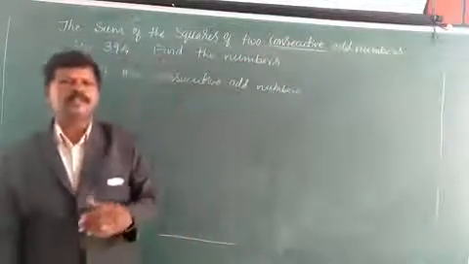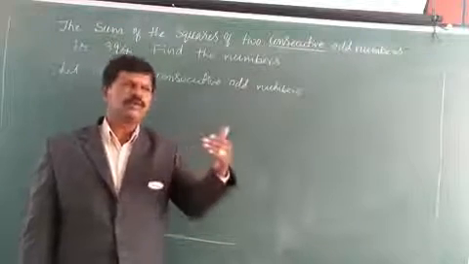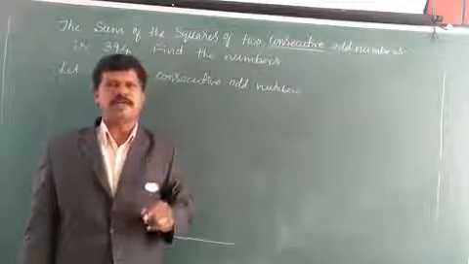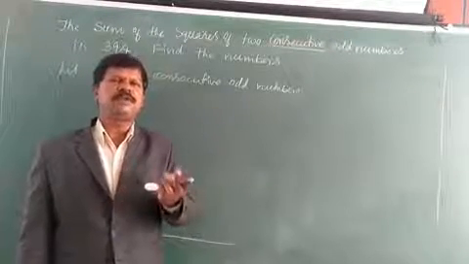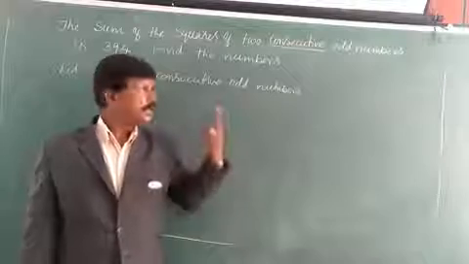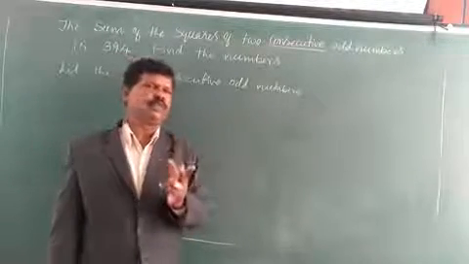For consecutive natural numbers, the difference between any two numbers is 1. In the same way, for consecutive odd numbers, the difference between any two odd numbers is 2. Similarly, for consecutive even numbers, the difference is 2.